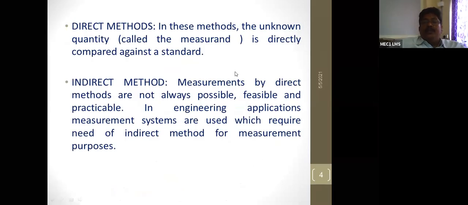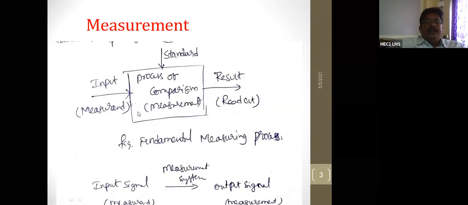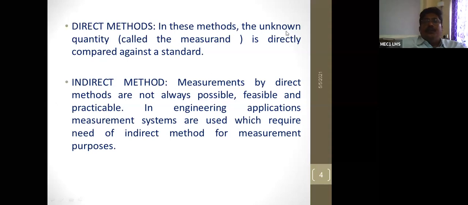Now the direct method. In this method, the unknown quantity is called the measurand. The unknown quantity we have to measure. The measurand is nothing but the input signal. Again I'm repeating: the measurand is the unknown quantity, and that is the input.